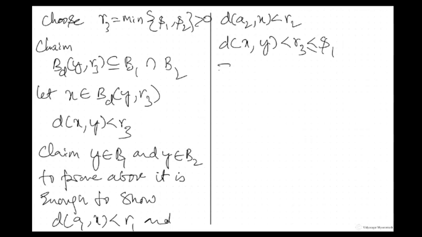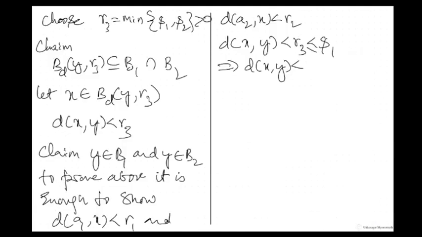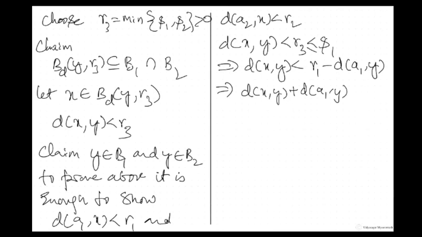This would mean that distance between x and y is less than s1. What is s1? s1 is r1 minus distance between a1 and y. So this would imply that distance between x and y plus distance between a1 and y is less than r1.